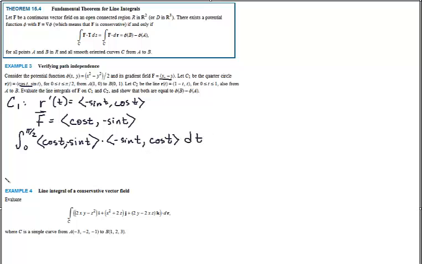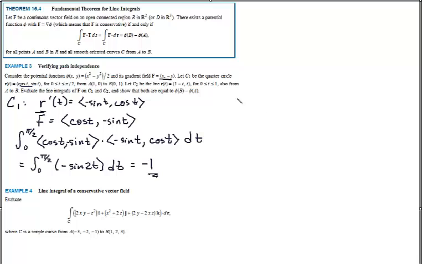Doing that dot product, when you do the algebra of this, you will then get minus sine 2t, using your double angle formulas to make it easy to integrate, and you will get that this equals -1 for your first curve.